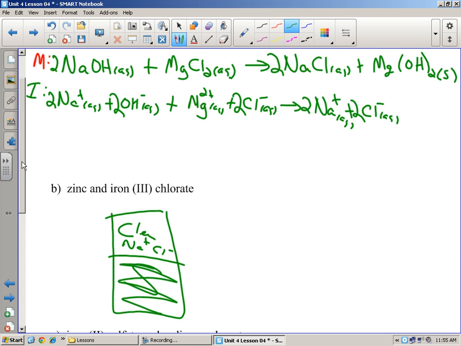But magnesium hydroxide has come together and stayed together, right? It's a solid. It floats to the bottom. You see it. So what we need to do here is rewrite magnesium hydroxide as a solid. It is an ionic compound that has been formed, and it's in solid form. Comes together. You guys saw this yesterday.